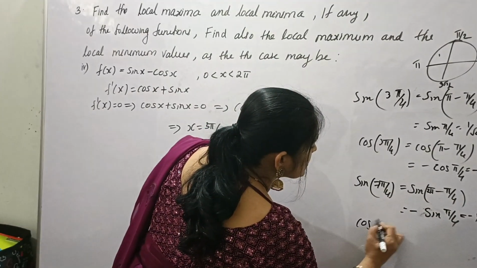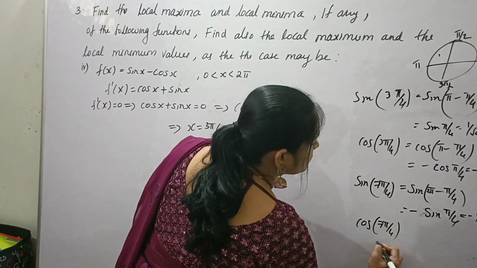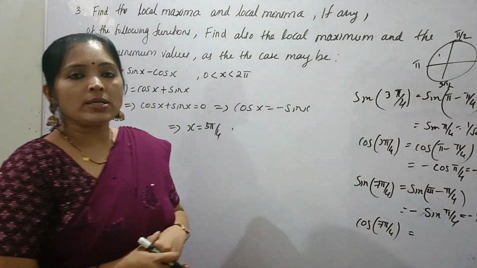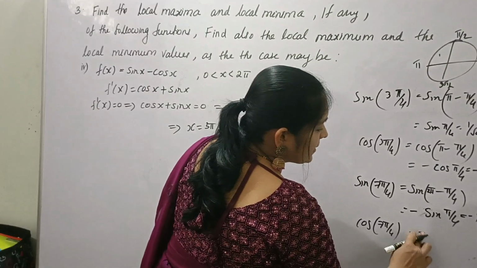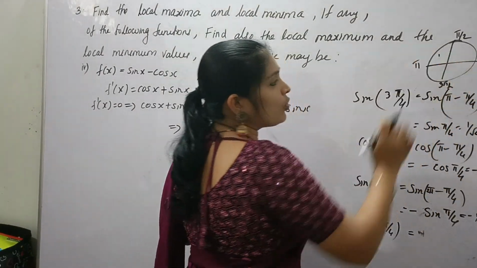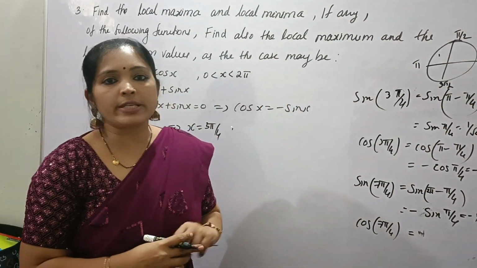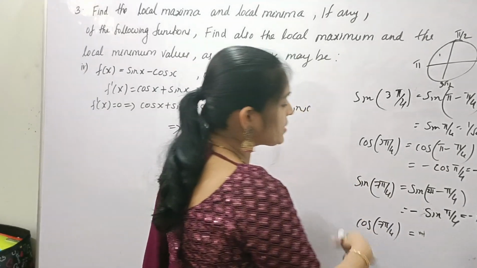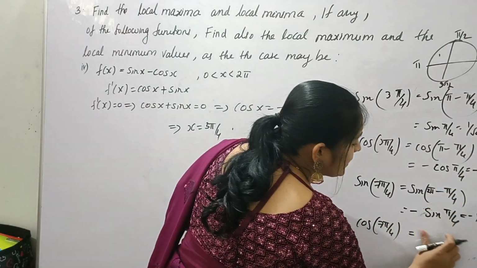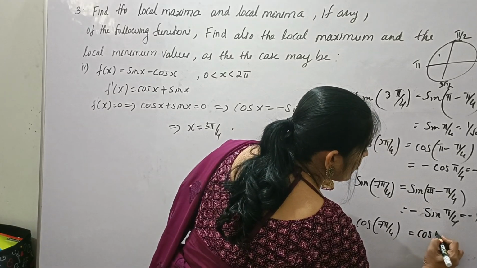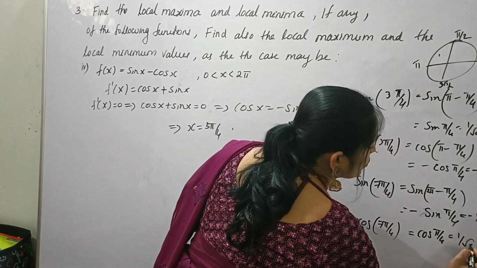Then what about cos 7 pi by 4? In the fourth quadrant cos is positive, right? So cos 7 pi by 4 is cos of 2 pi minus pi by 4, that is cos pi by 4 itself, that is 1 by root 2.